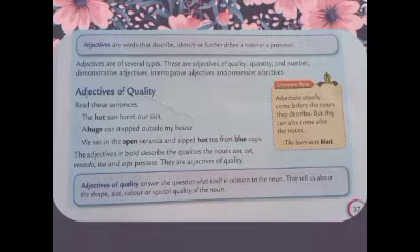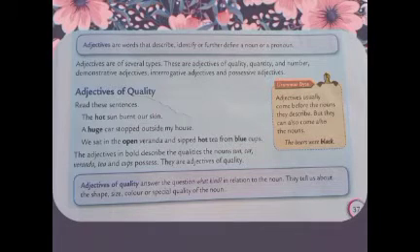So adjectives of quality tell about the shape of the noun, size, color, and quality of the noun. And always we'll put the adjectives before the noun, but in some cases we can write the adjectives at the end of the sentence, like in the sentence, the hot sun burnt our skin.